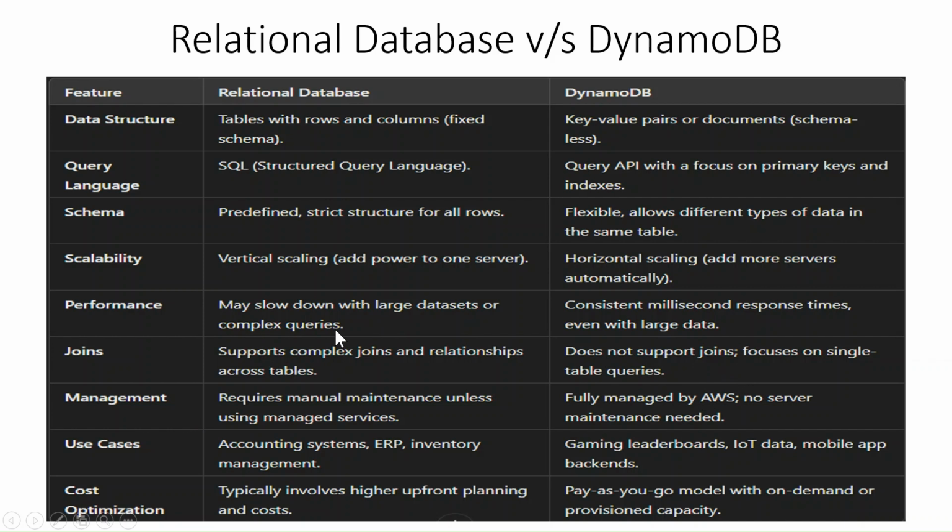When it comes to use cases, the relational database is ideal for applications needing structured relationships, like accounting systems, ERP, or inventory management. But DynamoDB is great for applications requiring flexibility, scalability, and high-speed access, like gaming leaderboards, IoT data, or mobile application data.